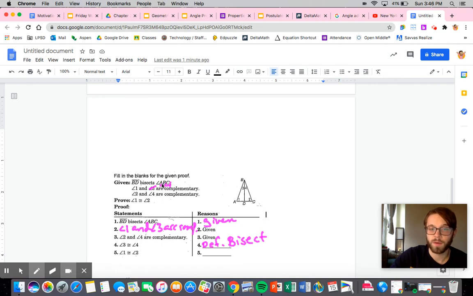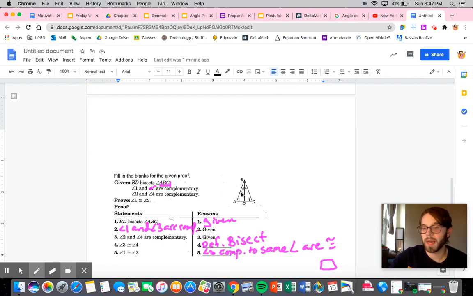And then we have 1 and 4 are complementary, and then 2 and 4 are complementary. And when angles are complementary to the same angle, then they are congruent. So angles complementary to the same angle are congruent. All right, and now we're done with that one.